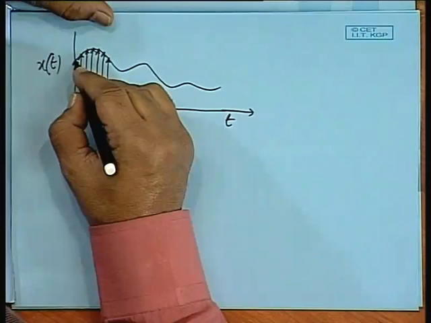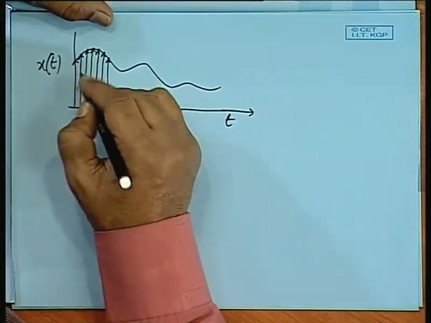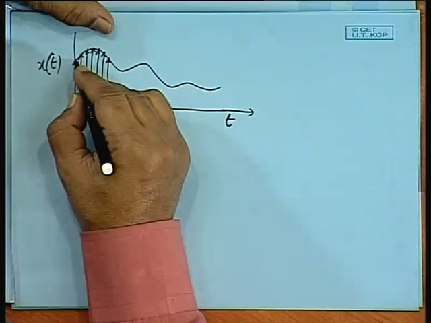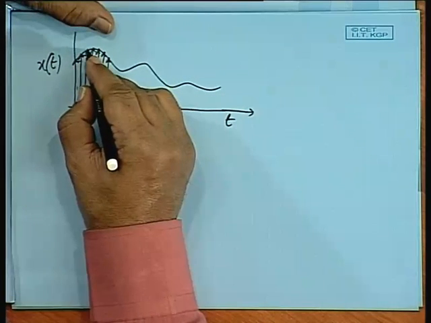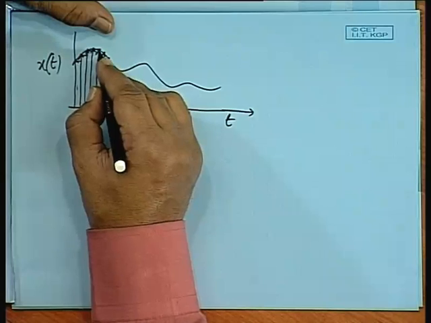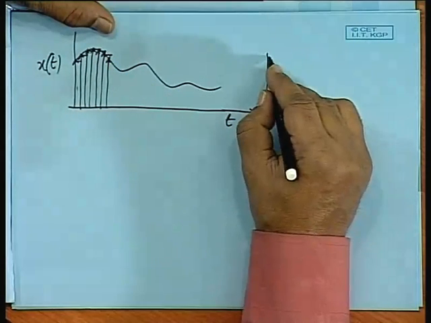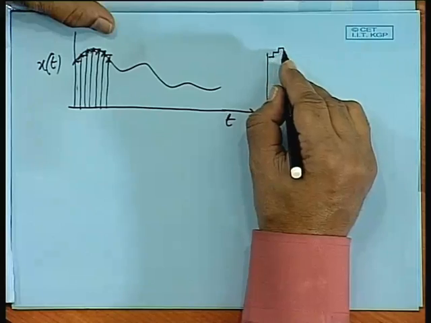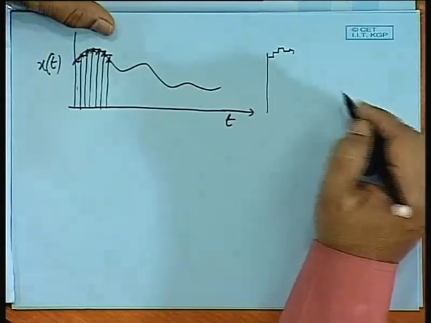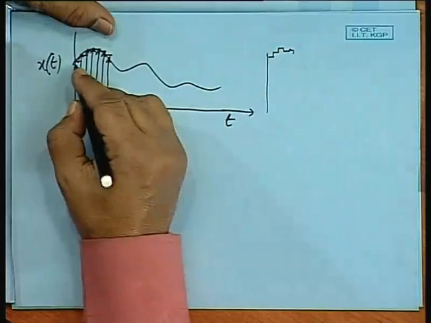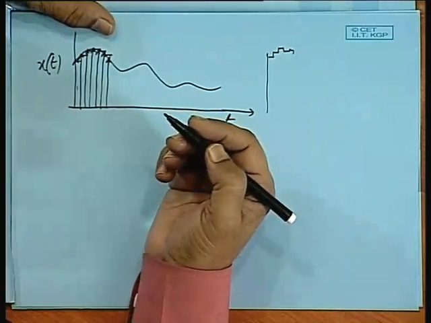Now, if you are very close and if you are using sample and hold elements, that means you are approximating this function by this type of function, okay, piecewise constant functions, and if they are very close, then that error will be minimal.